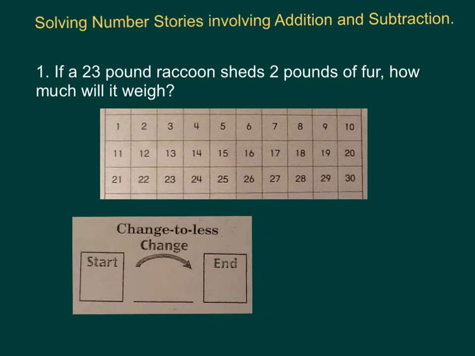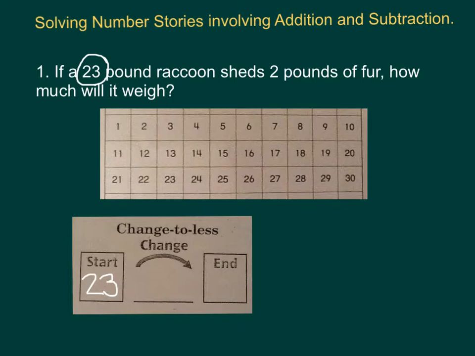It says, if a 23-pound raccoon sheds 2 pounds of fur, how much will it weigh? So the first thing we need to do, boys and girls, is think about what's happening in this number story. We're going to start with a 23-pound raccoon, so the number we're going to write right here is 23 in this start.